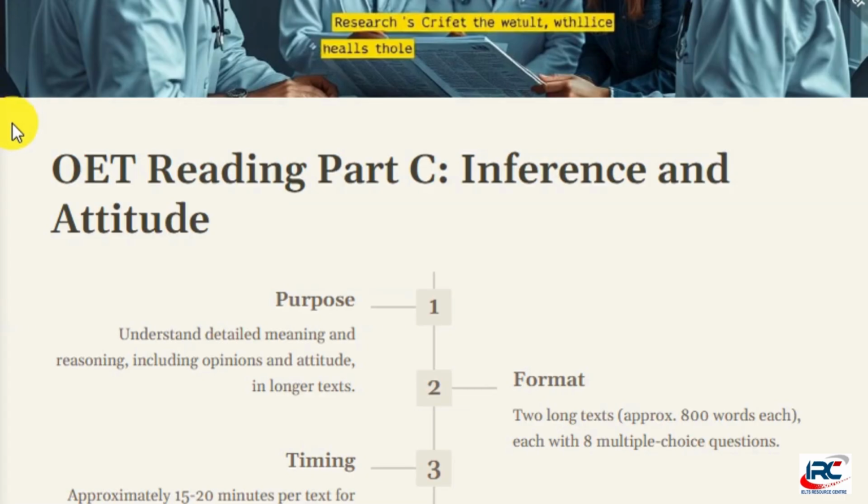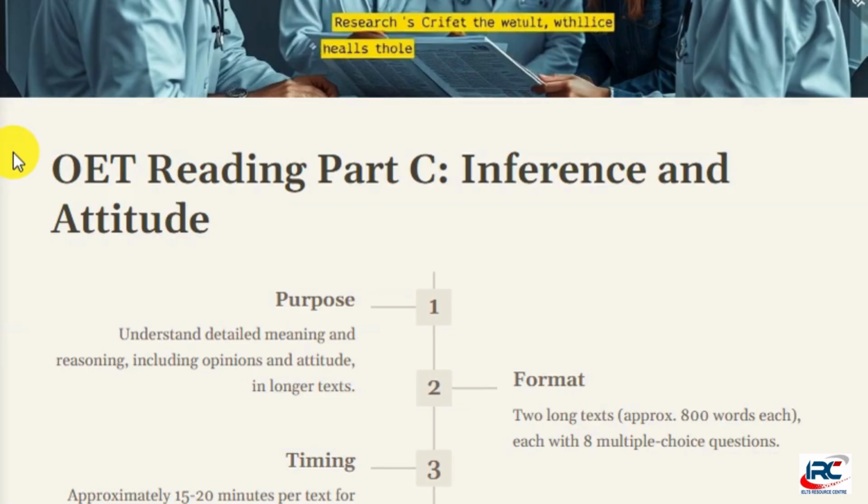Now, why does part C matter? Part C isn't just a test of your reading skills, it's a simulation of real-world healthcare scenarios. So in your professional life, you will often encounter complex documents, such as research papers, case studies, or maybe policy updates, where understanding the writer's perspective or the underlying message is critical.